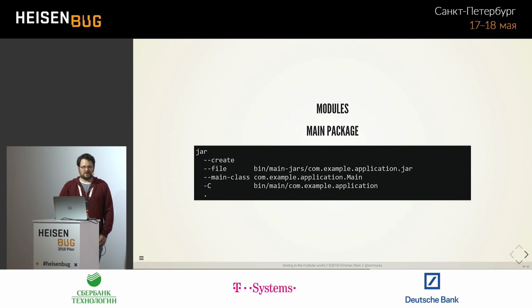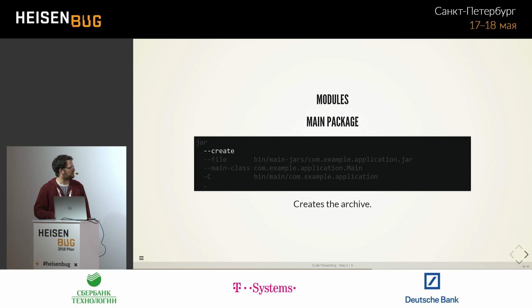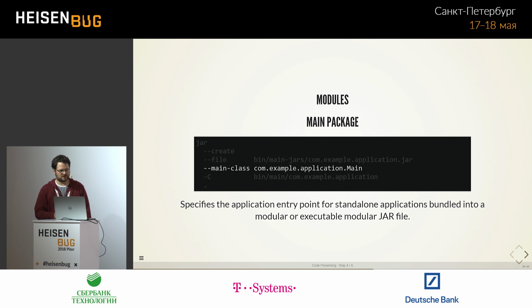And then we want to package our binaries. Use the jar tool here in creation mode. Name and specify the target file, com.example.application.jar. It's just a standard jar for now. Specify the main class, so if you run the module, you don't have to repeat what we already know.